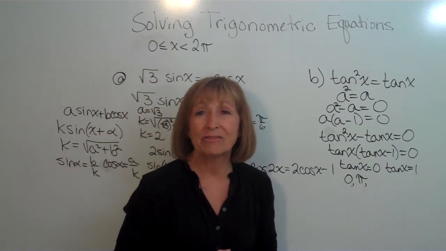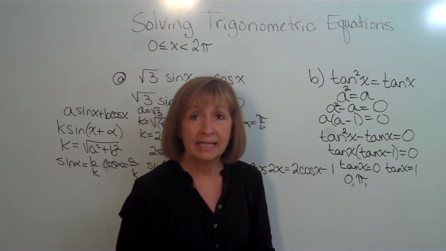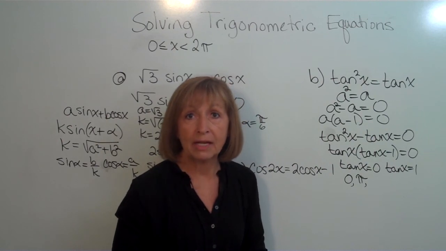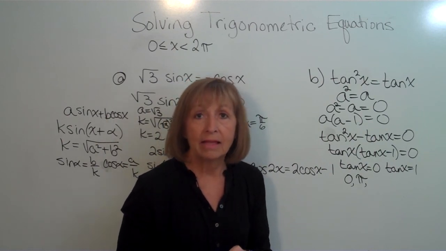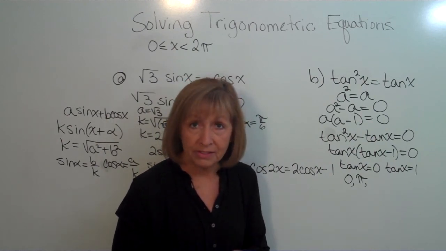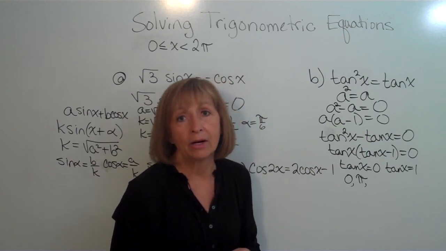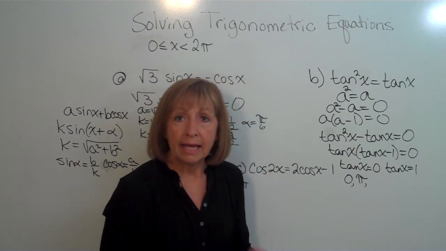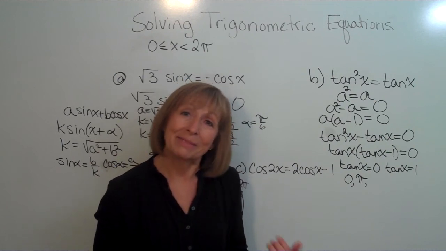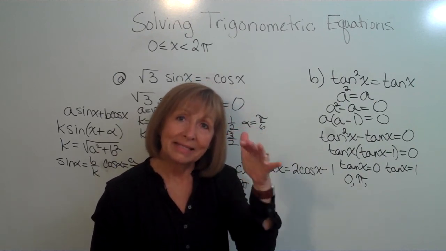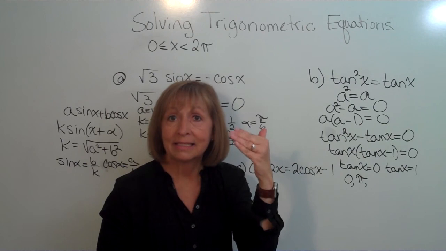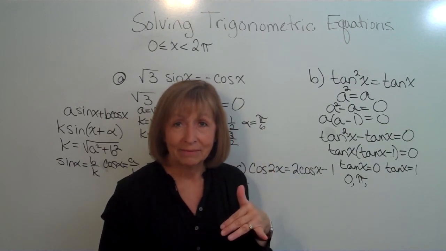Now, when is the tangent of x positive 1? Well, the tangent of x is positive 1 at those angles x that are the pi over 4s. And it's at the one where you would have the x and y coordinates both having the same sign, because then positive divided by positive is positive and negative divided by negative is positive.